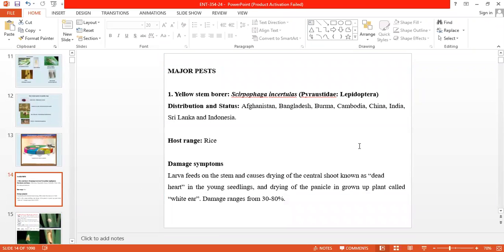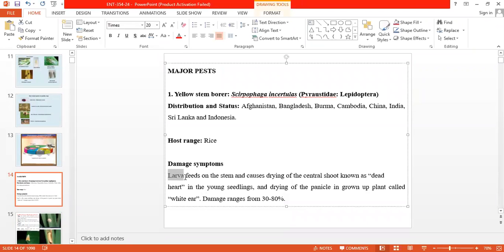Then damage symptoms: mainly the larva is the damaging stage of this pest. Why is the larva the damaging stage?